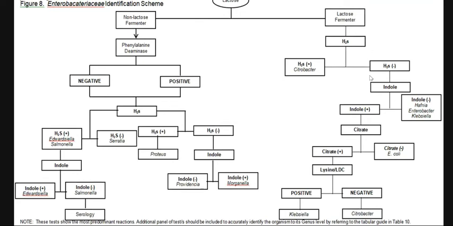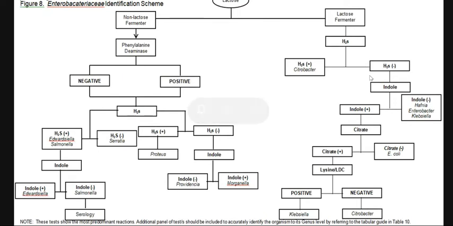But then again, as I have said a while back, chances are there are some species of organisms that may present strong positive, or 100% positive, reaction with a certain biochemical test. I told you that a while back. Now, if this is H2S positive, you can zero in or focus on Citrobacter.